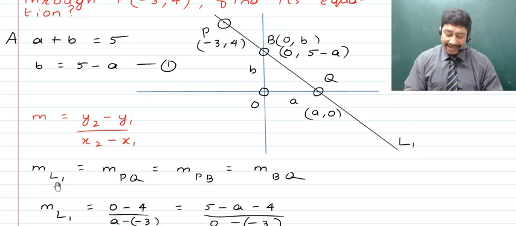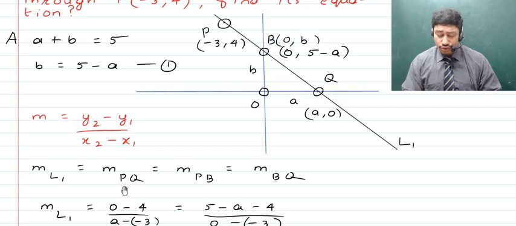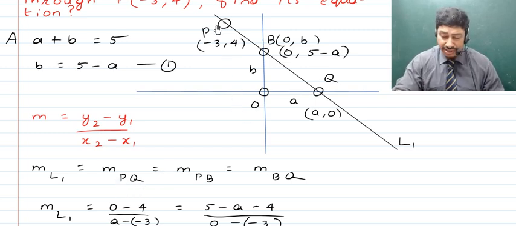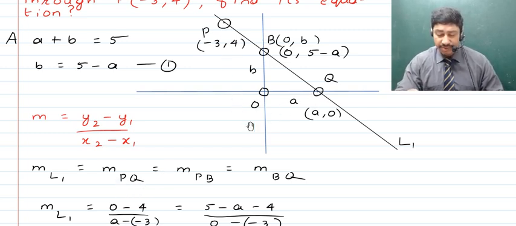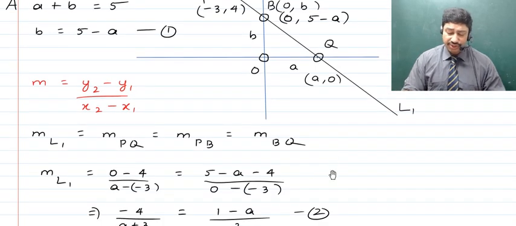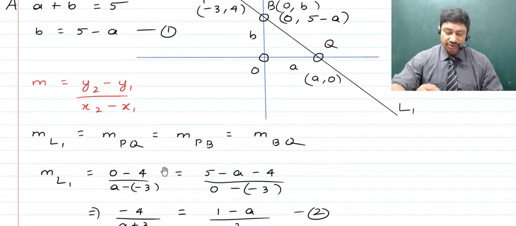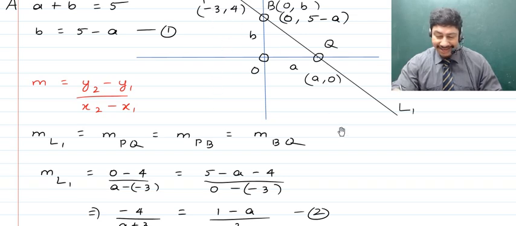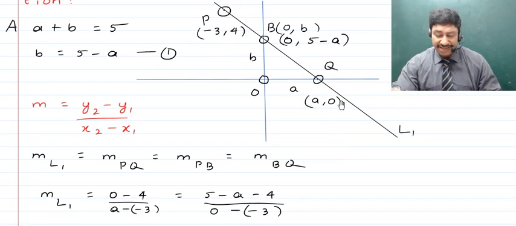So the slope of L1 can be found either between the points P and Q, or between P and B, or between B and Q, right? So we choose those which require the minimum effort. First we talk about P and Q, where we have zeros, so obviously the calculation will be simpler.